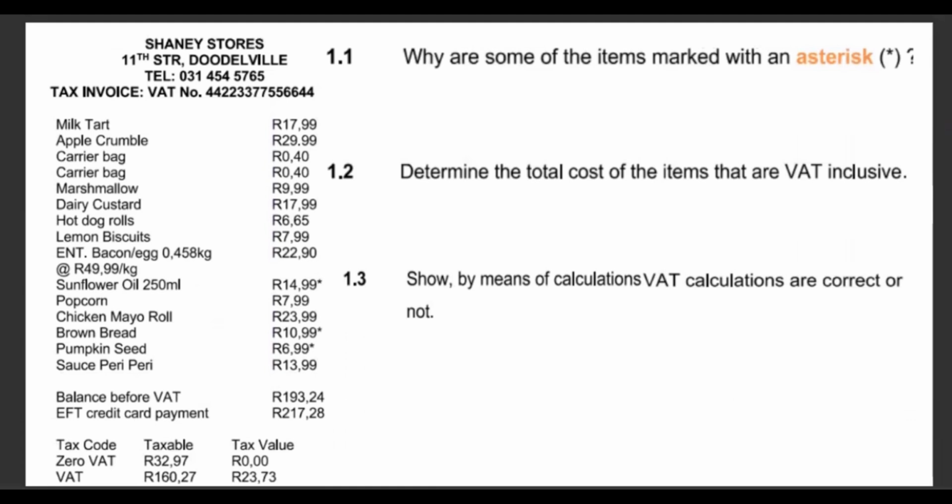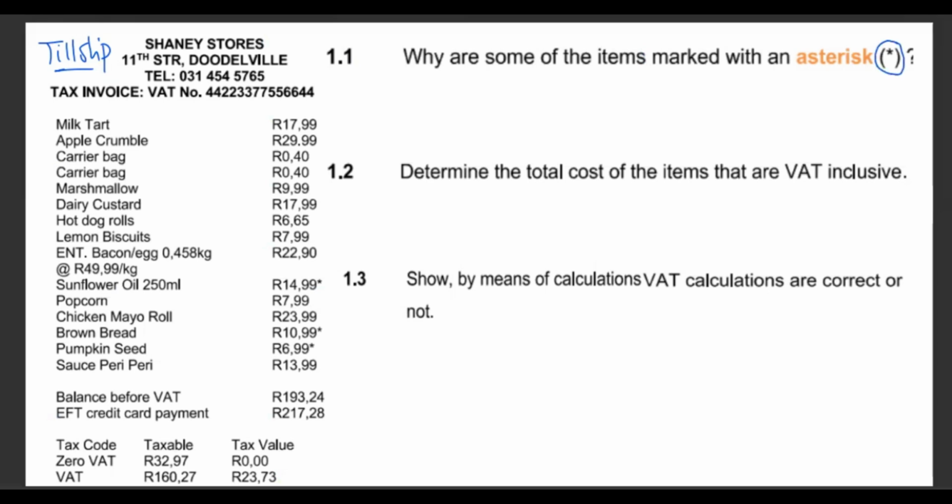When you look at this, we call it a till slip, evidence that you've shopped. They're asking us, why are some items marked with asterisks, which is the star here?